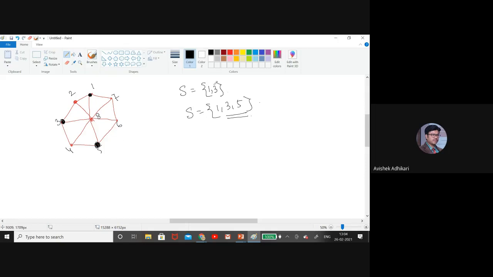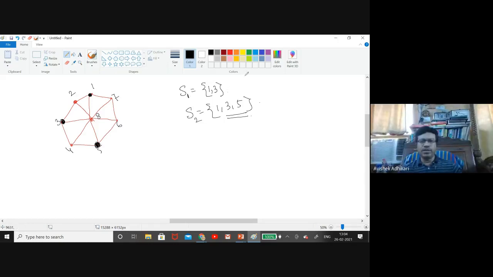Say this is my S1 and this is my S2, so S1 is a subset of S2. Can you find another S3 which is strictly bigger than S2 such that for all pairs of vertices, you will not find any edge among them?